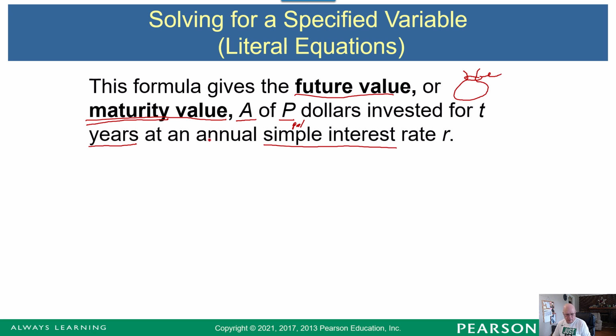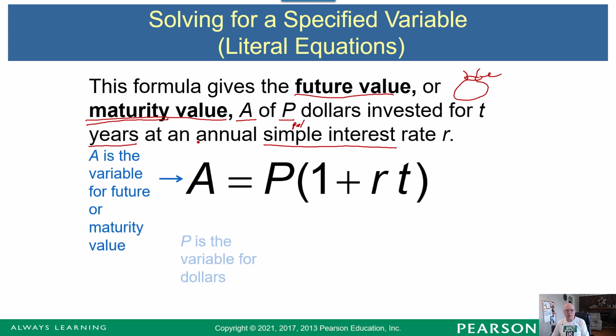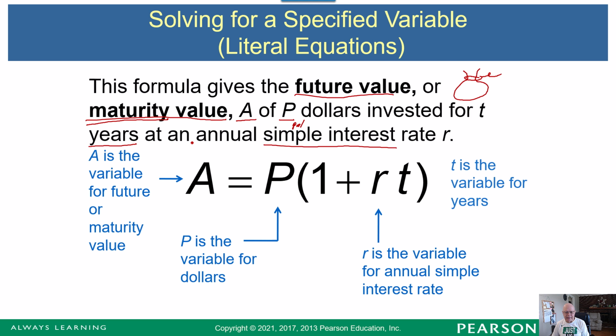So there's our formula. That will give us the amount at some point in the future. If we invest P dollars, that's the principal, at this annual rate R, write that as a decimal, and T, remember that's going to be in years.